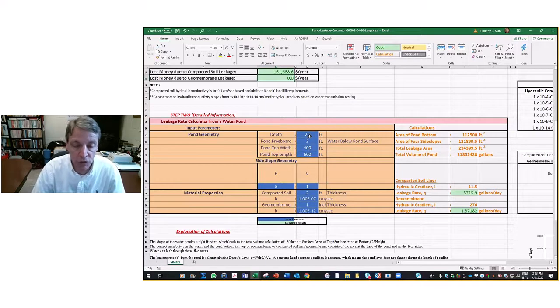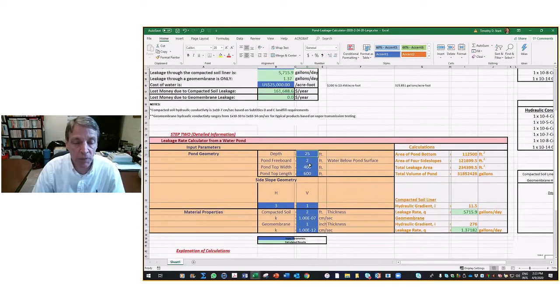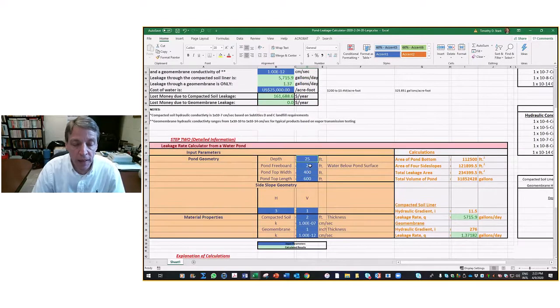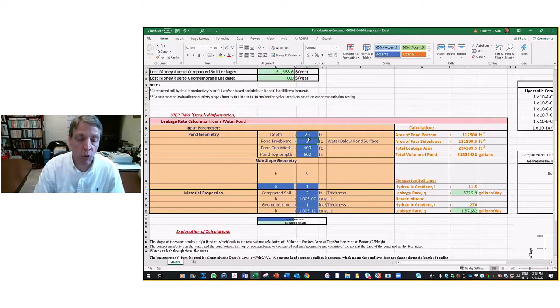So the depth is 25 feet, and that's from above. And then the amount of freeboard in the pond, and that's the length of the side slope between the top of the liquid and the ground surface, if it's a below ground containment area.